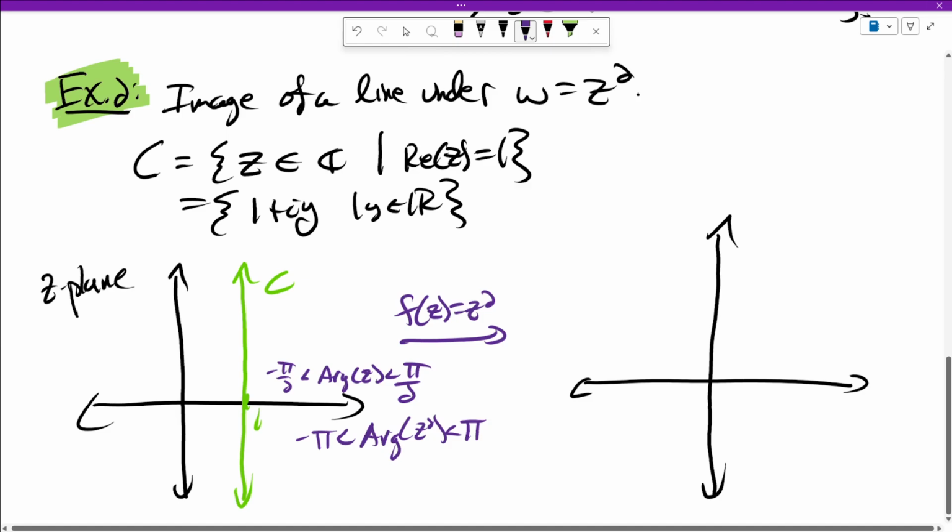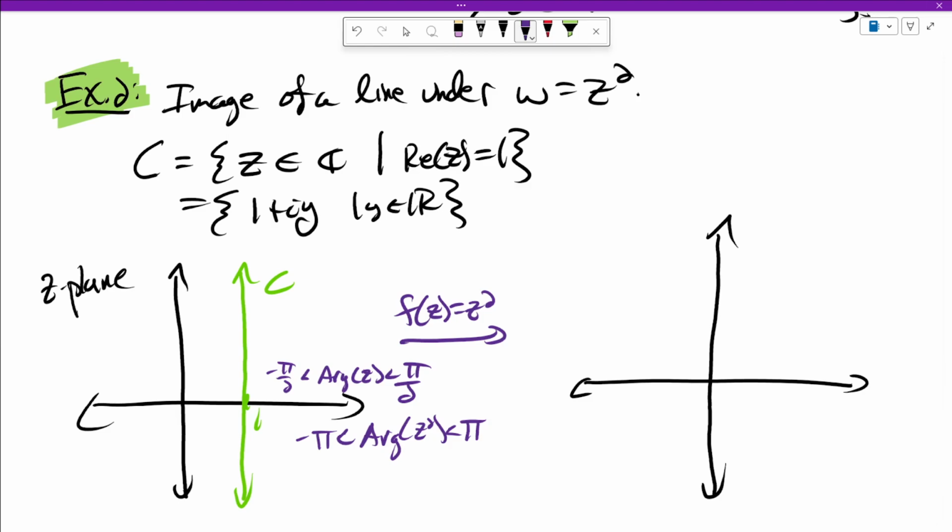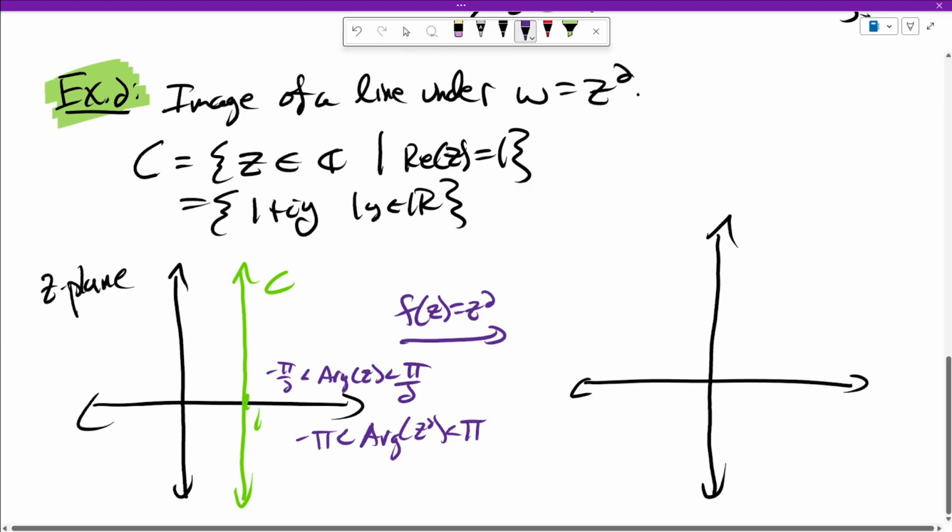So we're going to get all possible arguments, well, excluding pi, but we're going to get all arguments from negative 180 to 180, non-inclusive of the endpoints. Great. Now what happens to the modulus when we do this? Well, 1 plus iy goes to infinity in the other direction as well. So the modulus of 1 plus iy gets arbitrarily big.